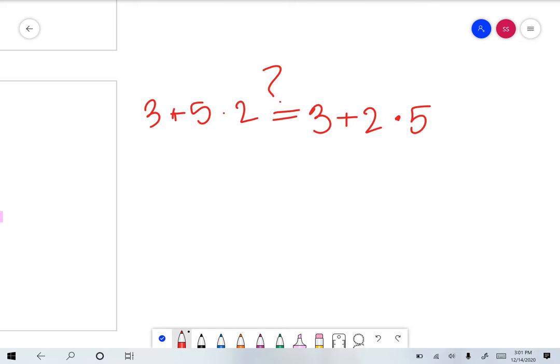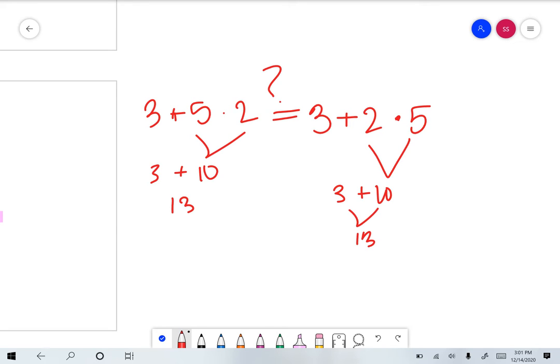So according to order of operations, we would do multiplication first, right? Multiply, then add. So 5 times 2 is 10, plus 3 would be 13. Okay. Over here, we have multiplication first, so 2 times 5 is 10 plus 3. If we add those, we get 13.